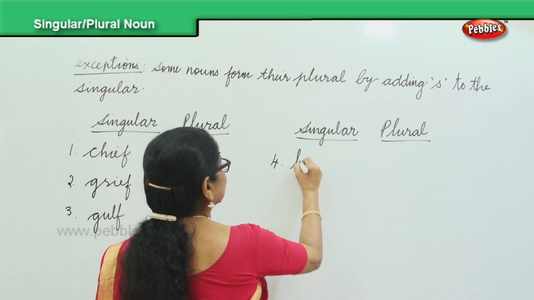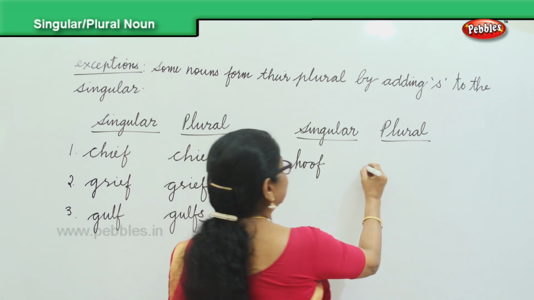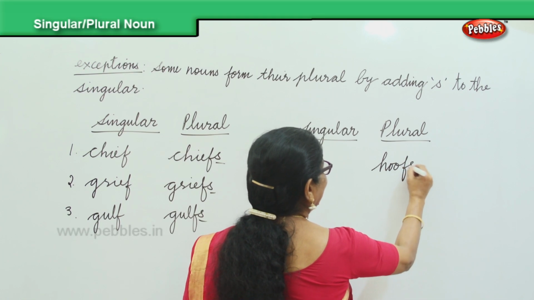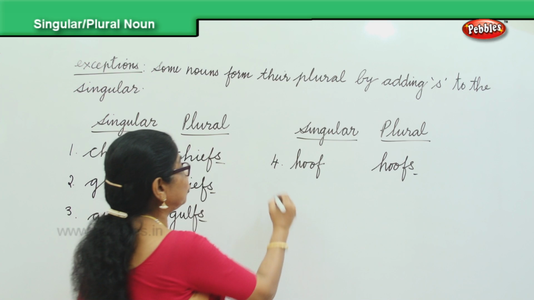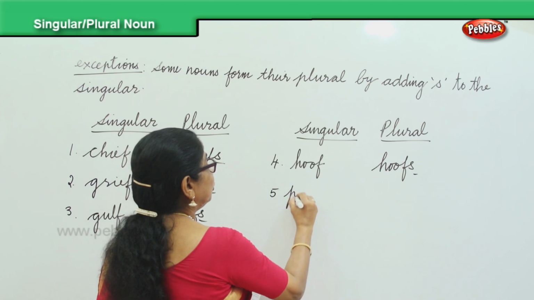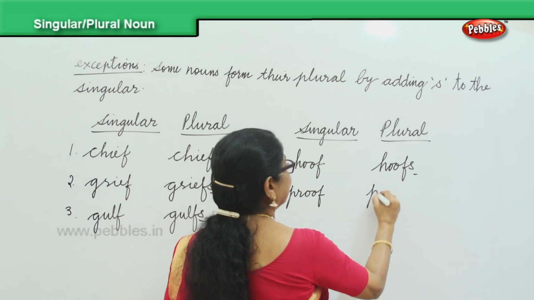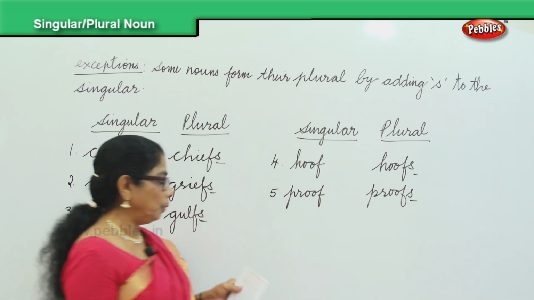Hoof. The horse's hoof, no? Hoofs. You add S to form the plural. Okay, then proof. Proof. Proofs. Add an S to form the plural.